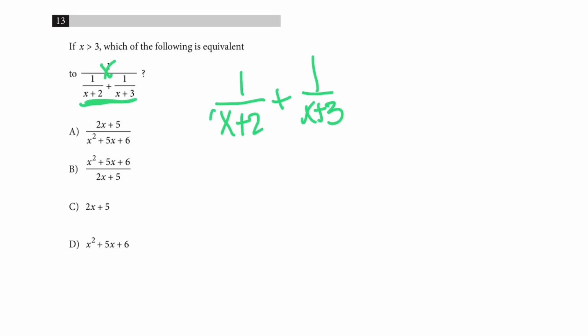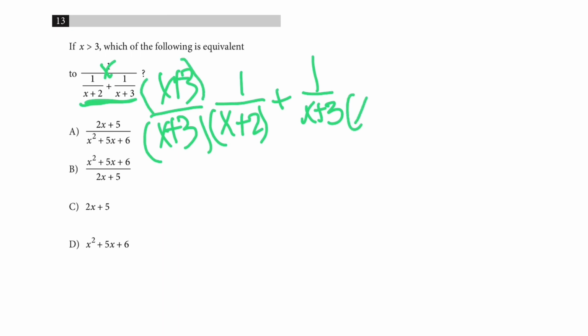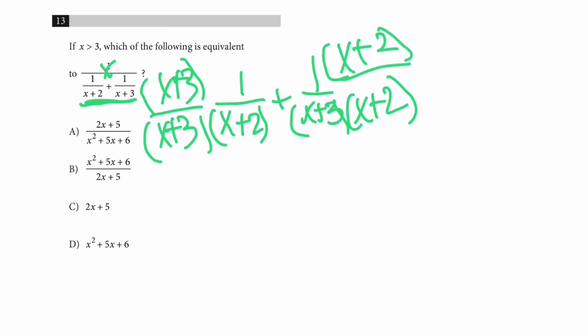So we're going to multiply by x plus 3 over x plus 3. And if we do that on the other side, where we multiply by x plus 2, we're going to get that both of the denominators are going to be x plus 3 times x plus 2, so we'll be able to add them. But in order to multiply fractions, we have to multiply by something that's equivalent to 1. So that's why we're doing the x plus 2 or the x plus 3 on top here.